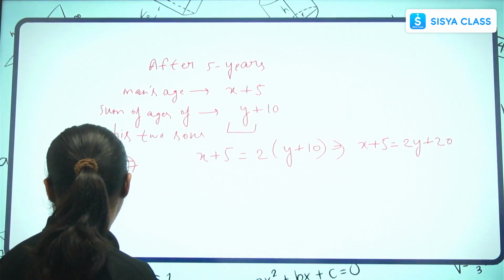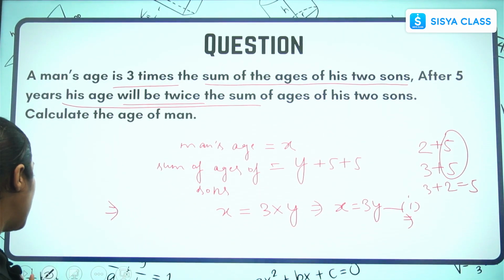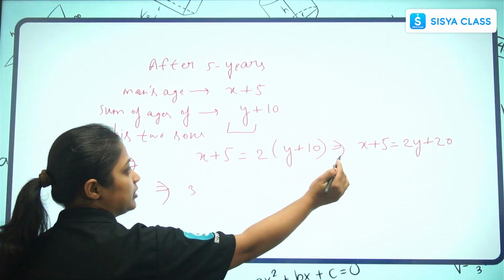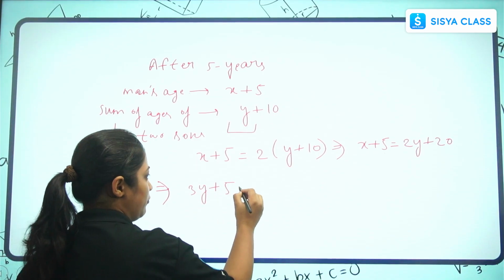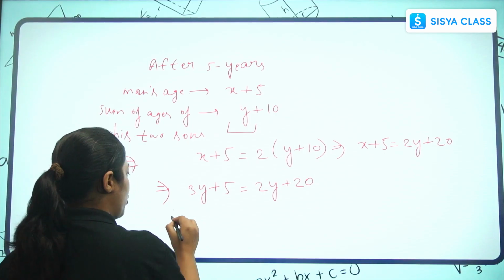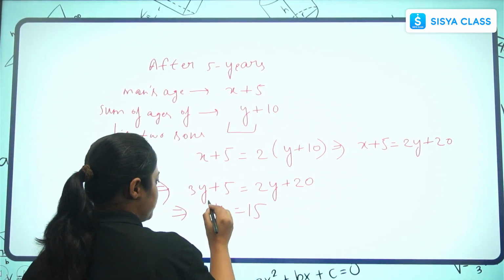Now you know the value of x in terms of y, that is x equal to 3y. So just substitute here. You will get 3y plus 5 equal to 2y plus 20, right? So from here you will get the value of y as 15.